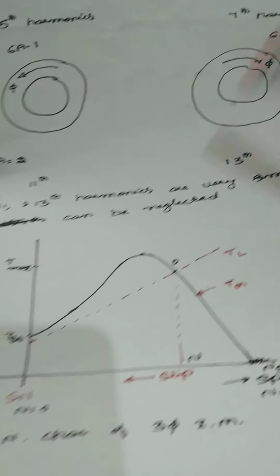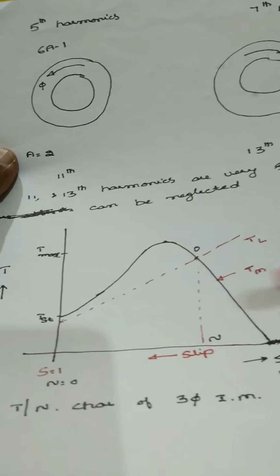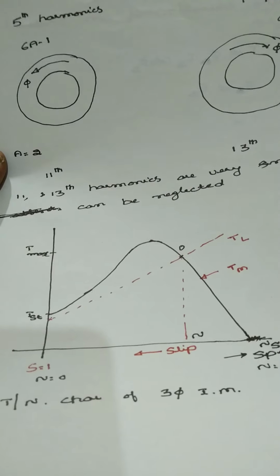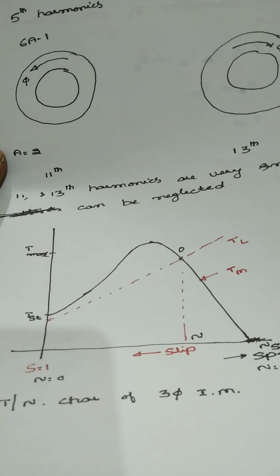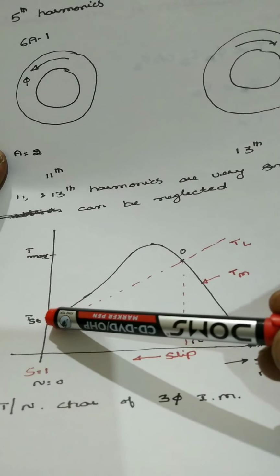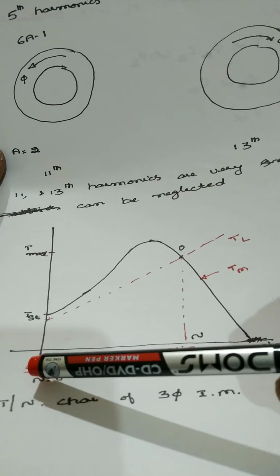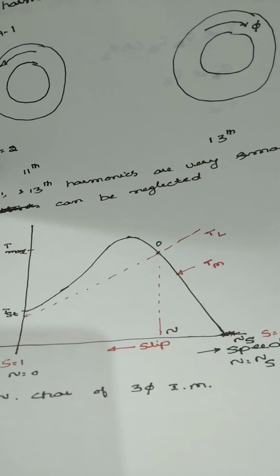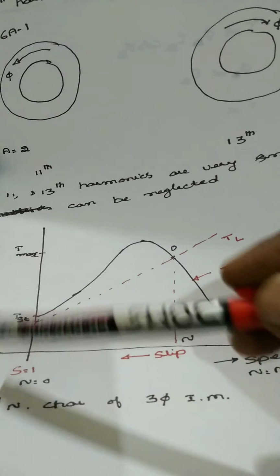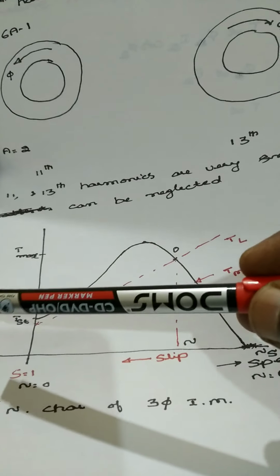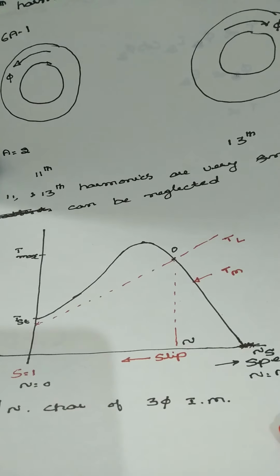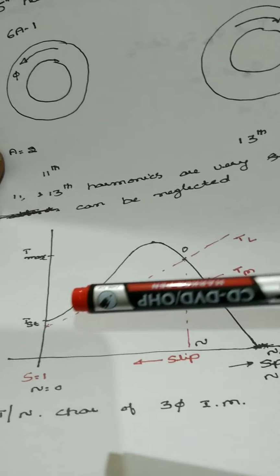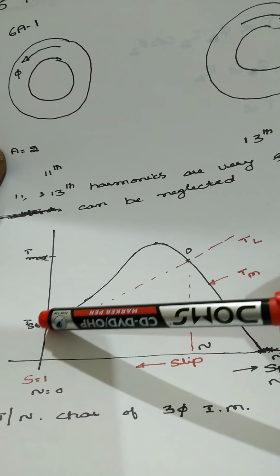You know the speed-torque characteristic of a three-phase induction motor with the fundamental. This is the torque-slip characteristic of a three-phase induction motor with the fundamental. When slip is 1, you get the starting torque.